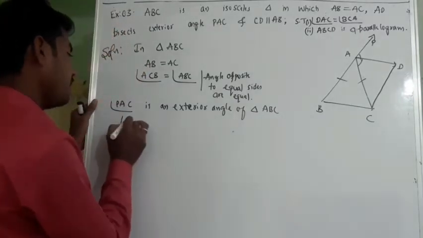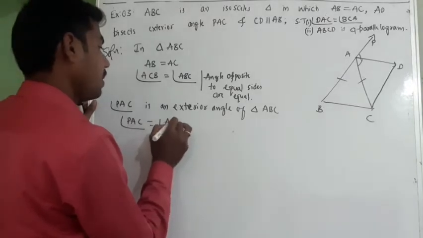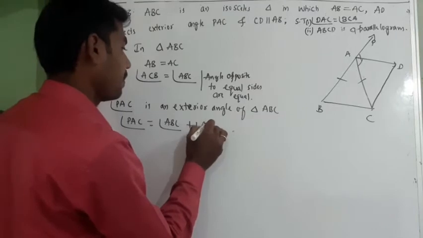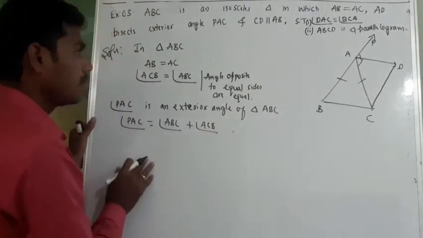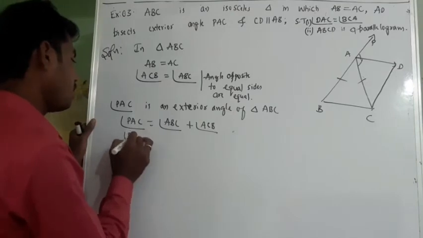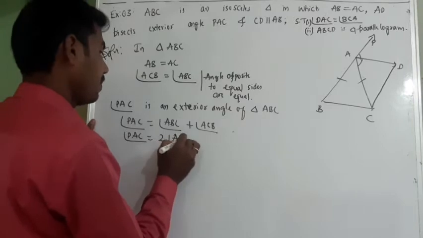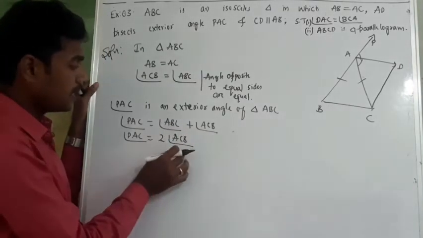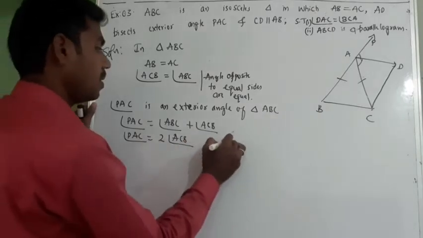Angle PAC is equal to angle ABC plus angle ACB. I told you ABC is equal to ACB, so angle PAC is equal to 2 times angle ACB. So ACB plus ACB will give us 2 times ACB. I will call it equation 1.